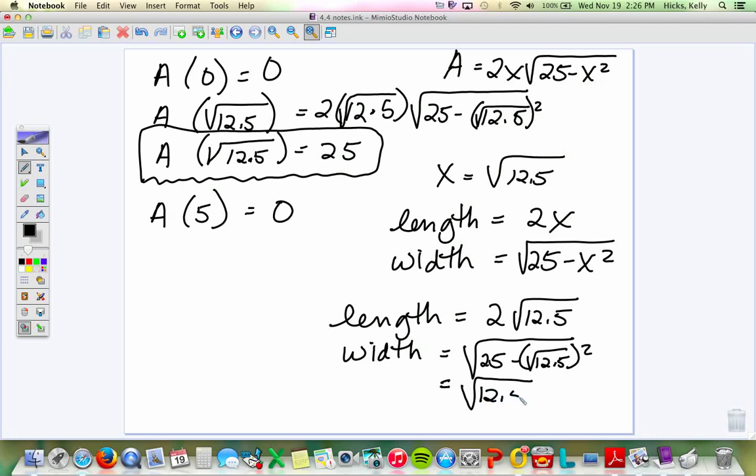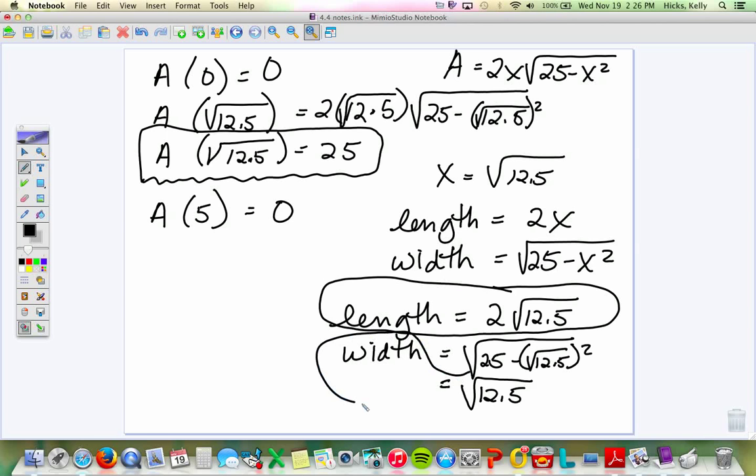This is going to give us the square root of 12.5. Okay, so there is our final answer. There's our length. Here's our width. And we're done. We have found the length and the width for the maximized rectangle inscribed in that semicircle. Okay, I'll talk to you later.